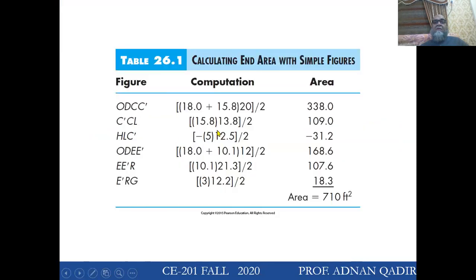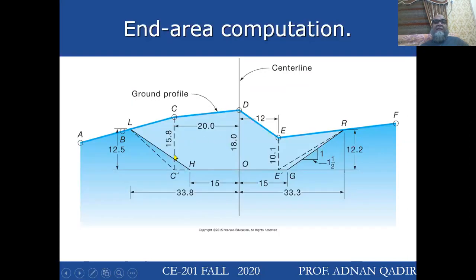So 15.8 multiplied by 13.8 divided by 2. Height 13.8, because you see this overall is 20, and this is 33.8.